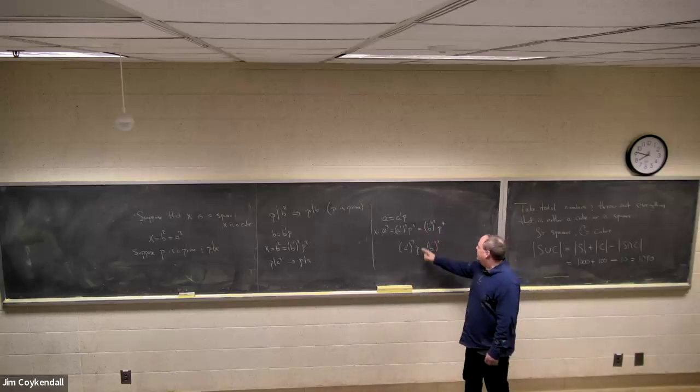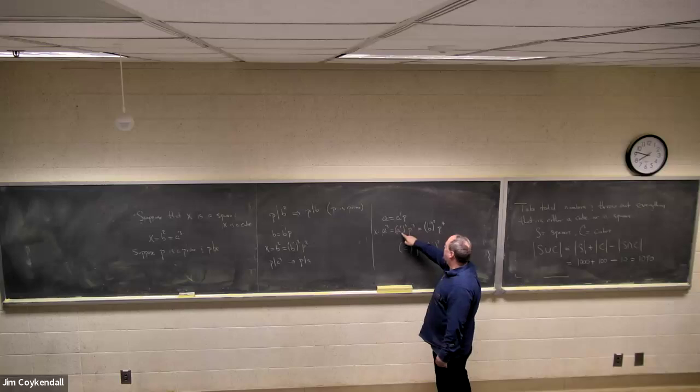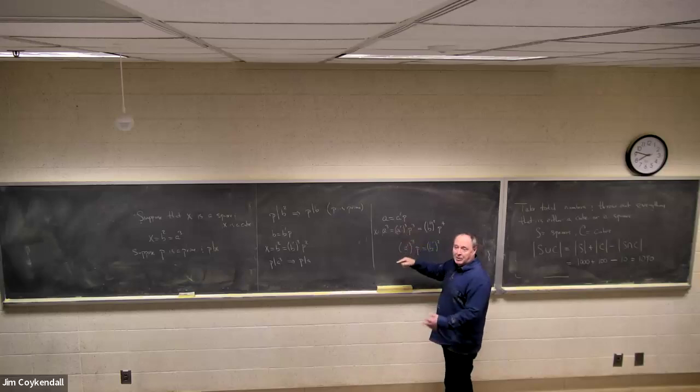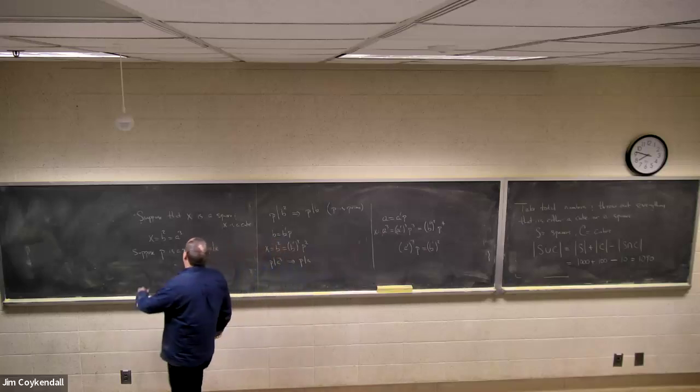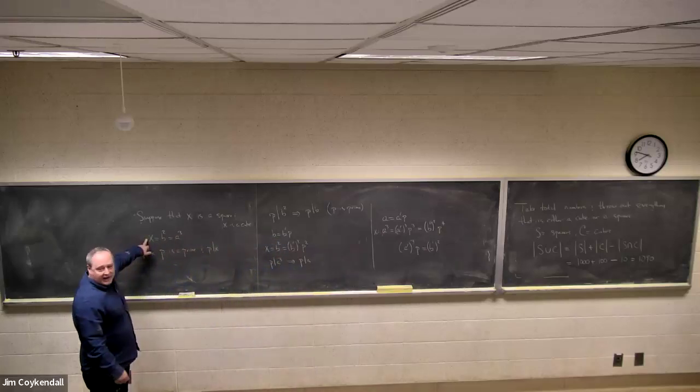Now you cancel again and you get P divides A prime cubed, so you now get three more powers here. And it evens out at six because both two and three divide six. So the conclusion we come to is that every prime factor that divides x has to divide it 6 times.